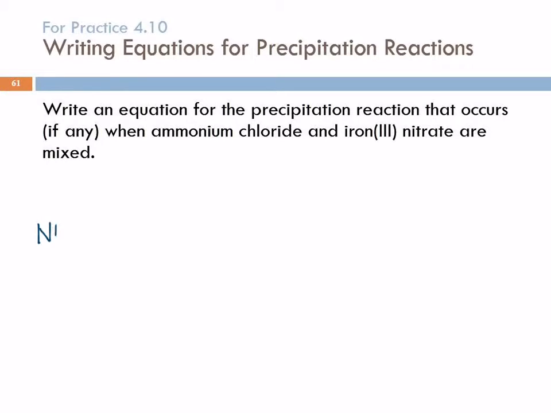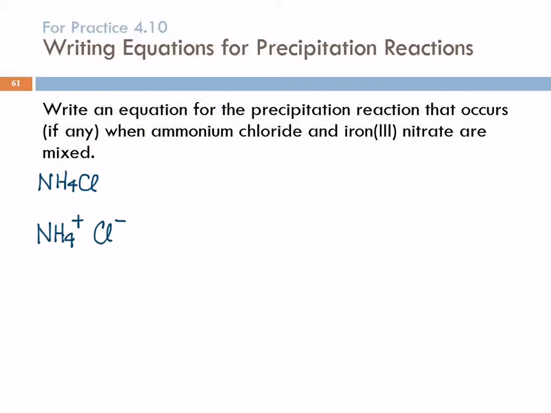So ammonium is NH4+ because I memorized it. Chloride is Cl-. Chloride's in group 7A of the periodic table, and so all those guys have a -1 charge. So we can look at the charges on these, and that tells us how to put them together. NH4Cl, I just need one of each.